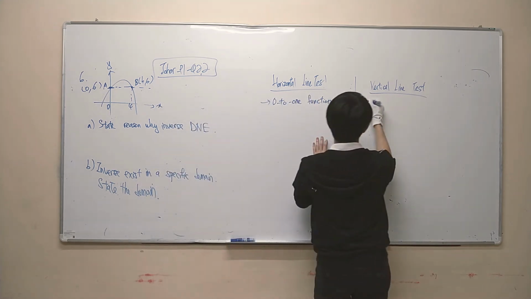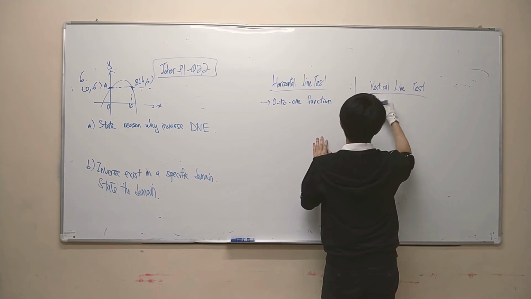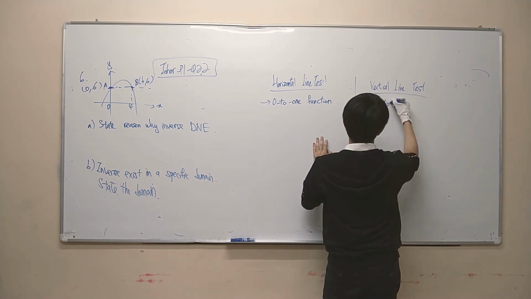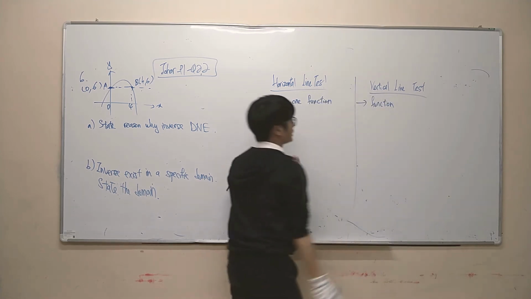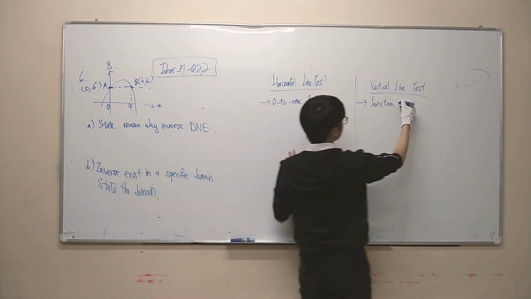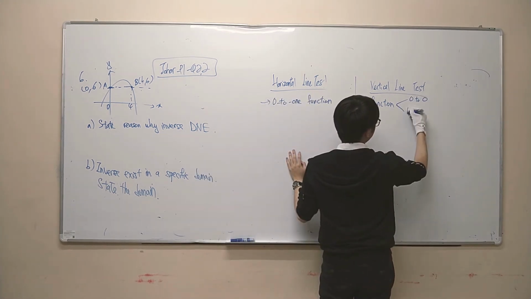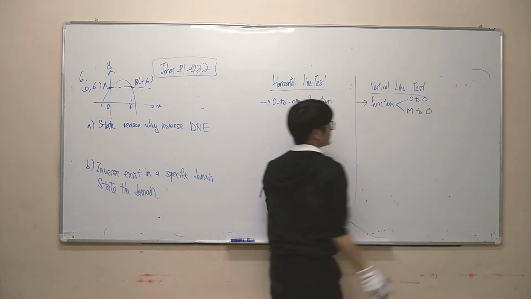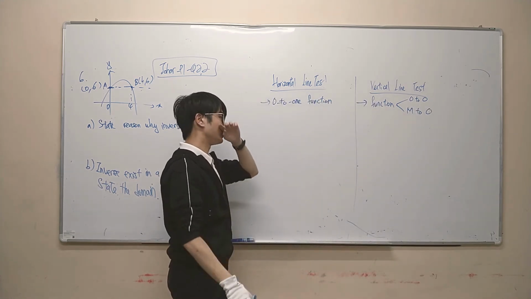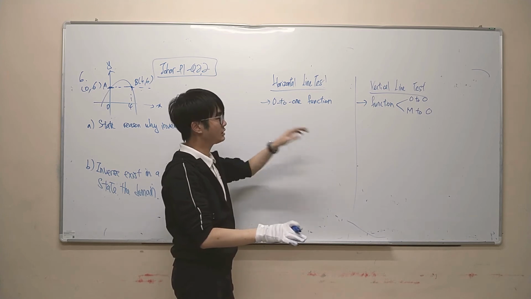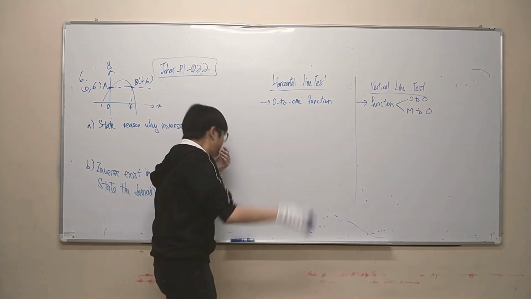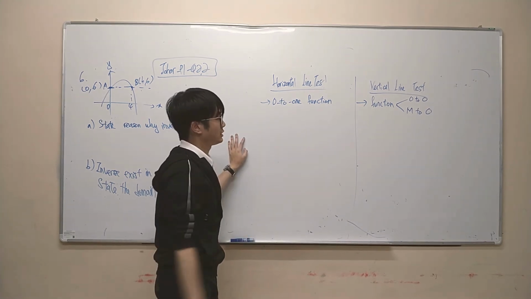The vertical line test will help you determine whether it's a function or not. Remember, a function is either one-to-one or many-to-one. Many-to-many is not considered a function. Many-to-one is considered a function. One-to-many is also not considered a function.